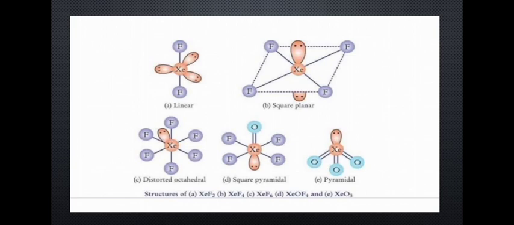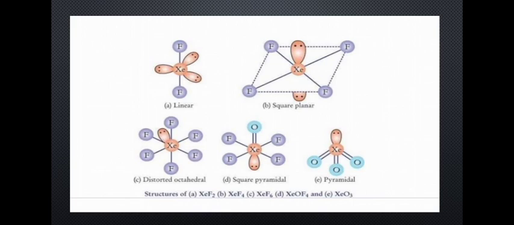Let us see the last structure, that is xenon trioxide. Again I will use the same formula. Xenon has 8 valence electrons, so I will use the formula hybridization is equal to half bracket start 8 plus monovalent. Oxygen is not monovalent, it is divalent, so we will not consider oxygen.